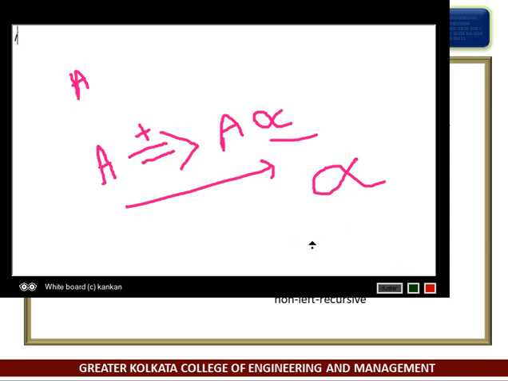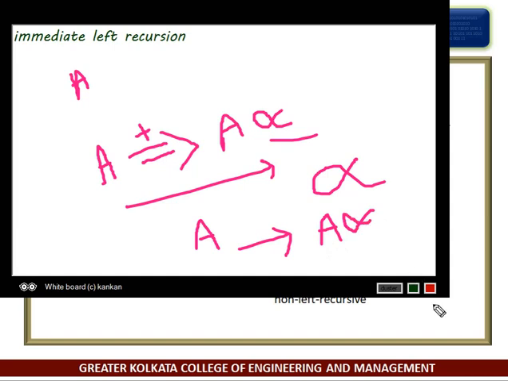Immediate left recursion is where there is a production of the form A to A alpha. Clear?